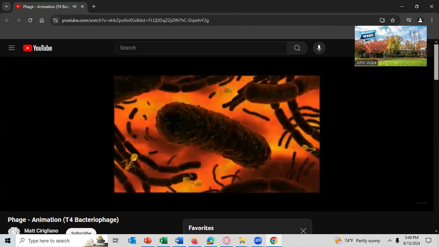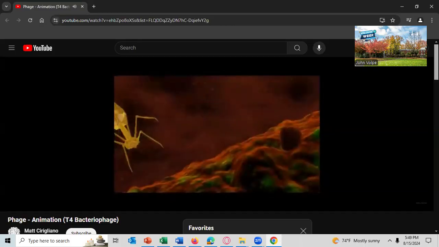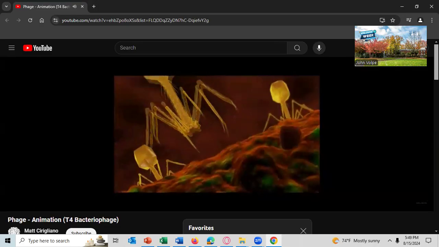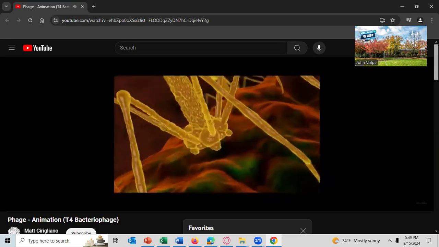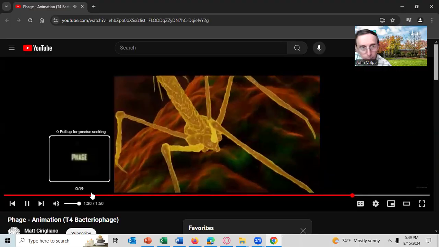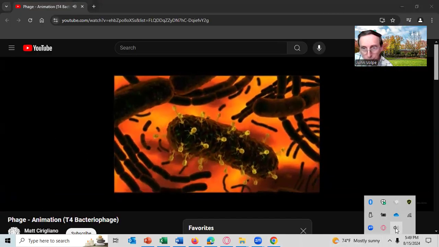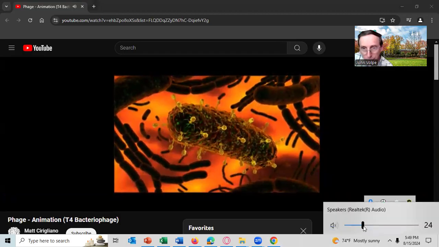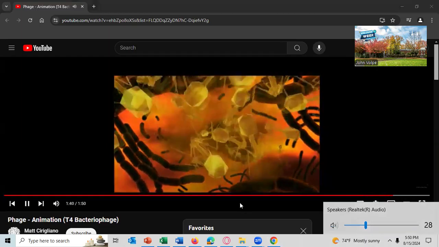This E. coli bacterium has seen its last day. Binding to its surface, the virus ejects its precious cargo of genetic material into the cell, commanding it to produce a new batch of T4 bacteriophages. In a final act, the bacterium is forced to self-destruct, releasing hundreds of viruses to kill again.